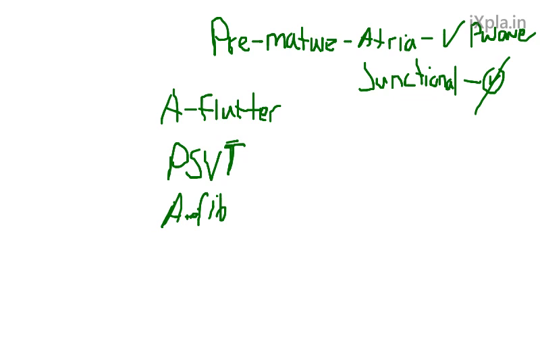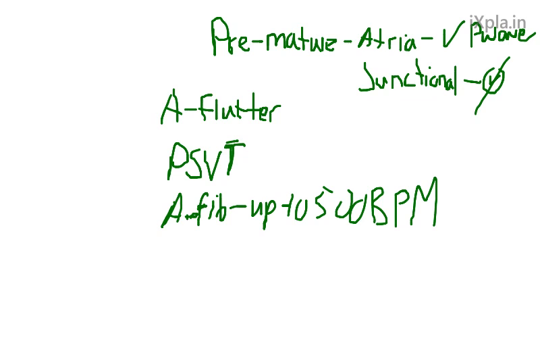It's actually a pretty common condition. It's caused by a reentry circuit, or the electrical signal just chilling out in the atrium. What it does is cause it to quiver up to 500 beats per minute. Since it's quivering, there's no contraction. If there's no contraction, it compromises cardiac output.